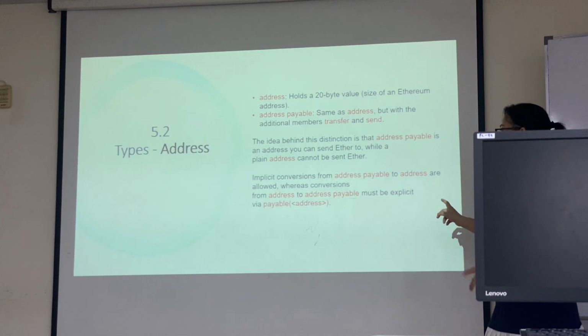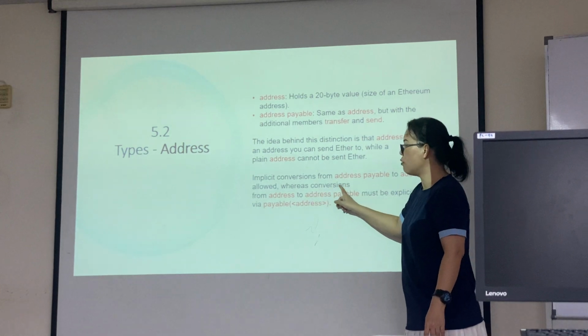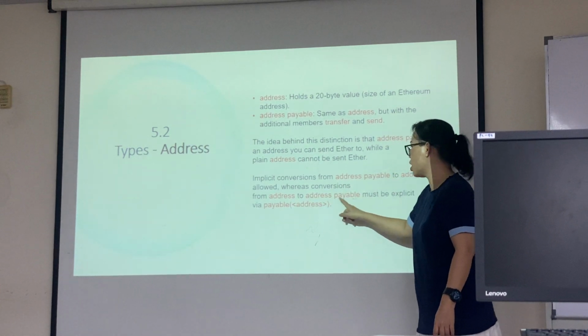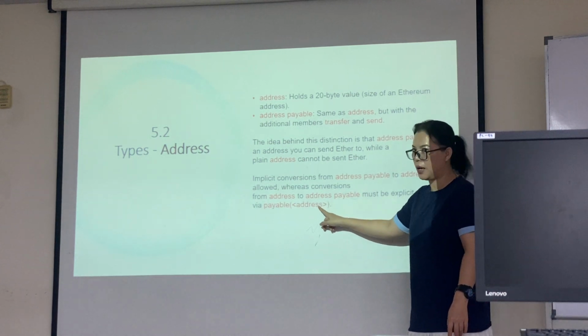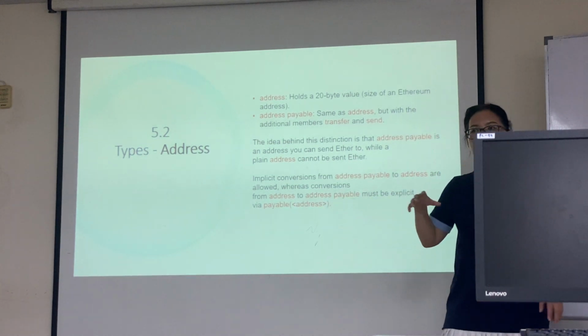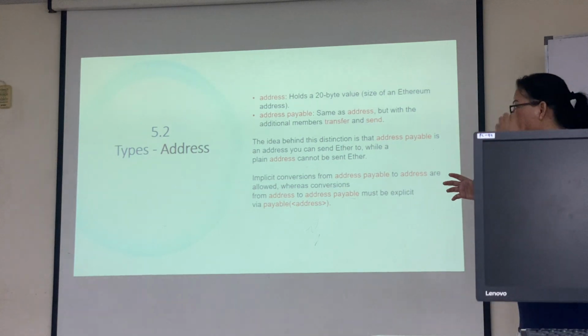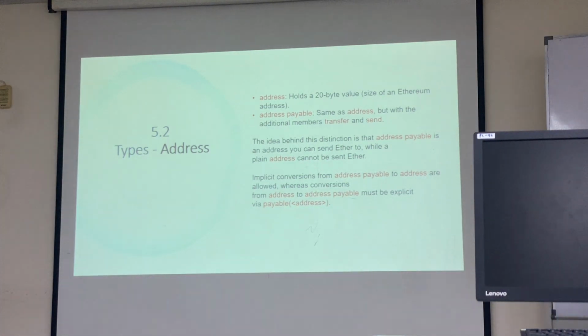But conversion from address to address payable must be explicit via payable address. If you say this is the owner account address, and later on inside your function this owner account address will receive the money, you must explicitly convert the address to become payable.